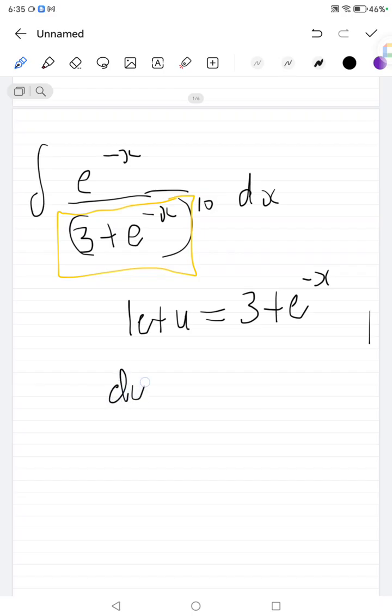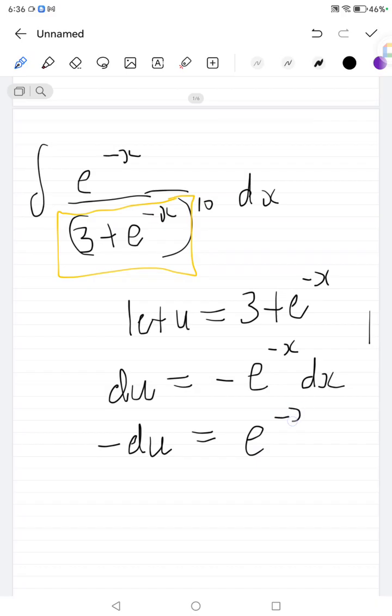Then we know that our du, which is going to be the derivative of that, is going to be minus e to the exponent minus x dx. So now we just have to divide by 1. We can write, we have our minus du equals e to the exponent minus x dx.